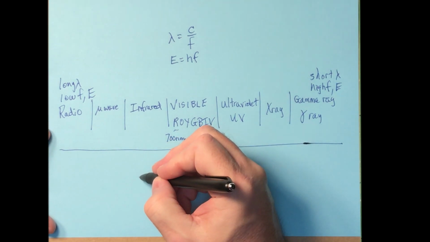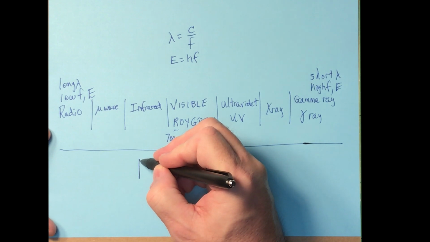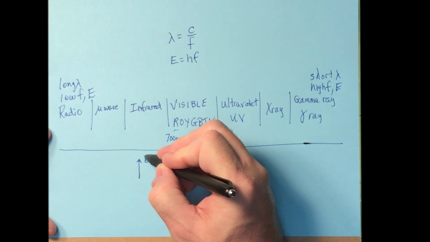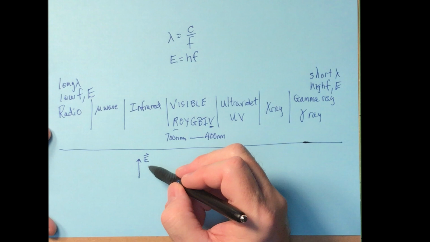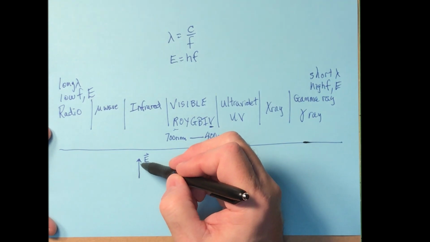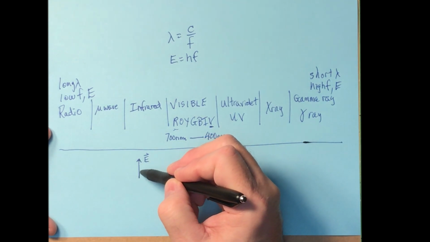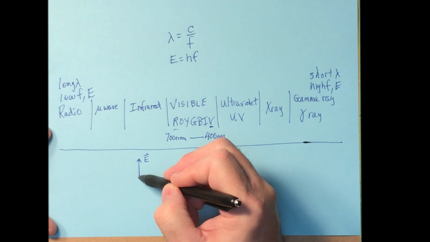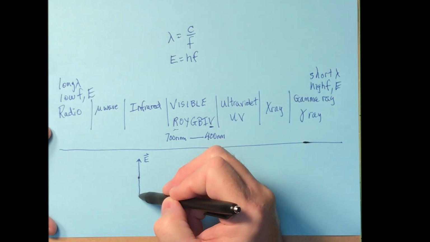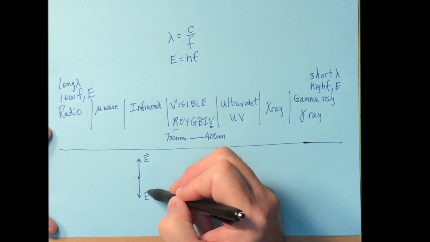So if I drew an electric field, let's say this represents an electric field in that direction, and this electric field has the ability to oscillate, meaning that its magnitude grows and then its magnitude shrinks. And we could even say its magnitude grows in the opposite direction and then shrinks.